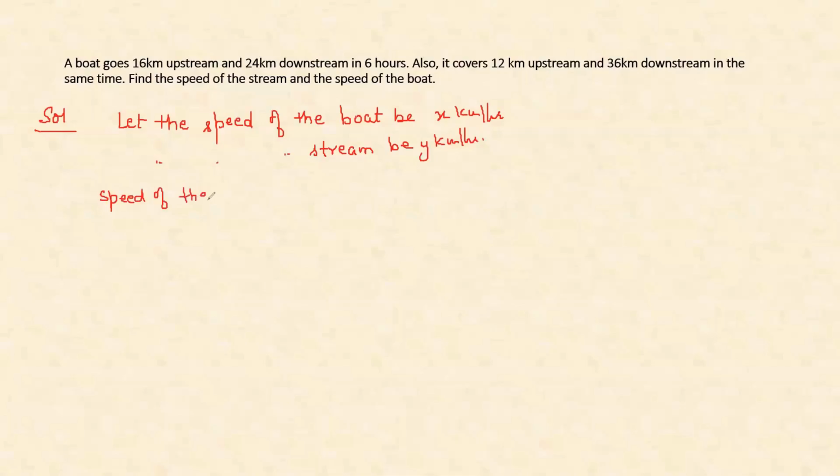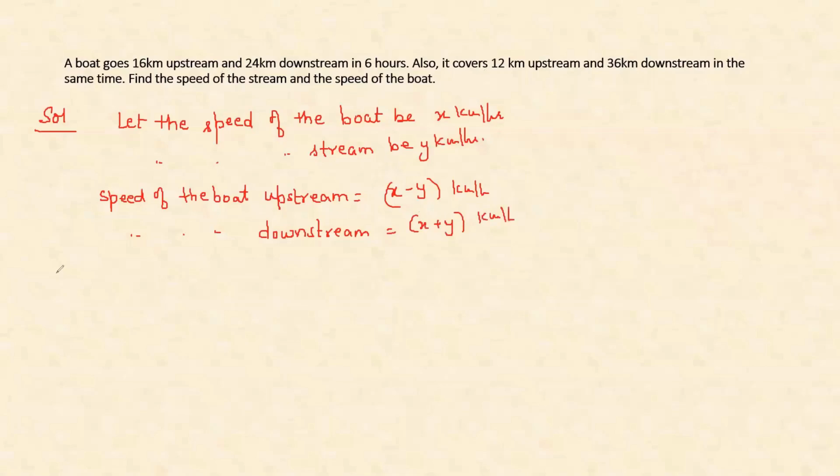So the speed of the boat upstream, when it goes against the stream, will be its actual speed x minus the speed of the stream, y. And the speed of the boat downstream will be x plus y. Now this speed applies to both the conditions.